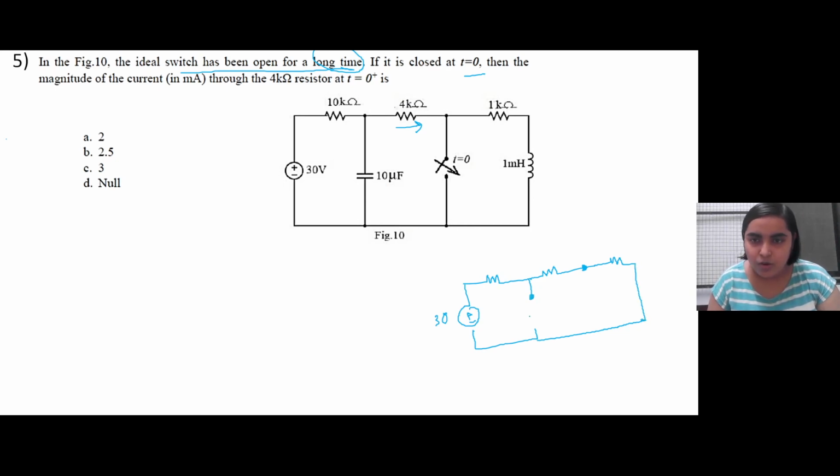This will act as an open circuit, and there will be a voltage which appears when charge is stored in this capacitor. So first we have to find what this VC is, right? So we have 10 kilo ohm, 4 kilo ohm and 1 kilo ohm, and this is the current that is flowing at steady state.